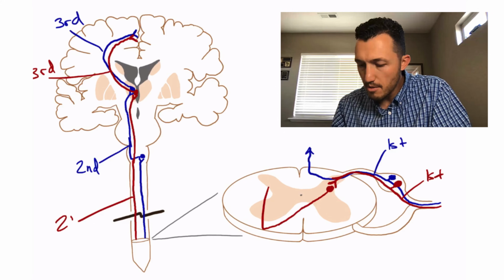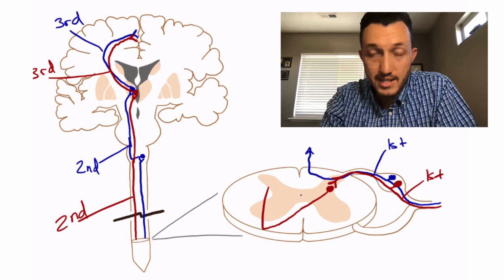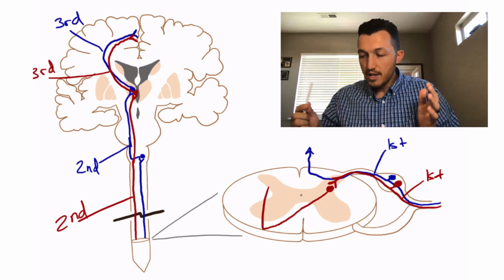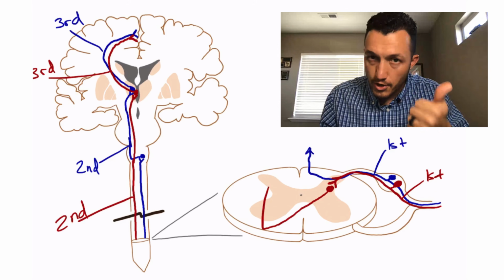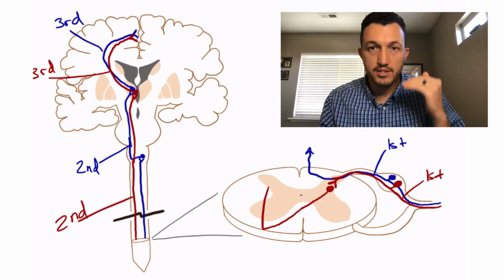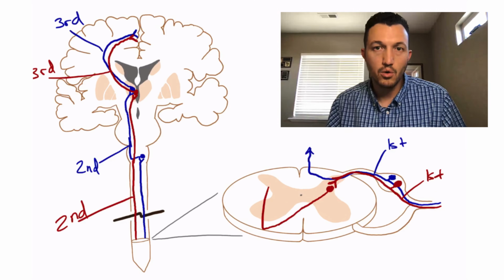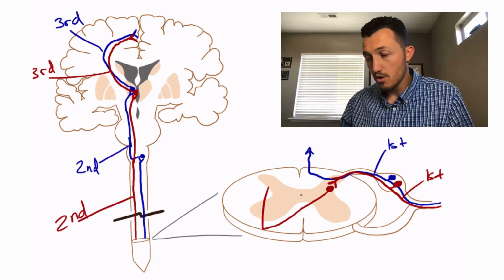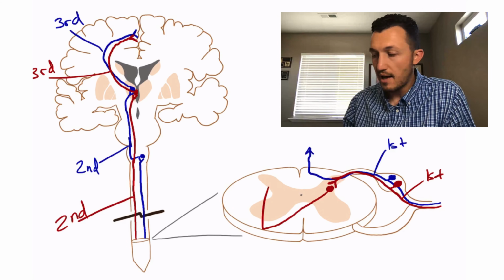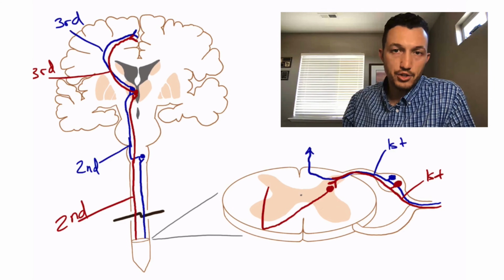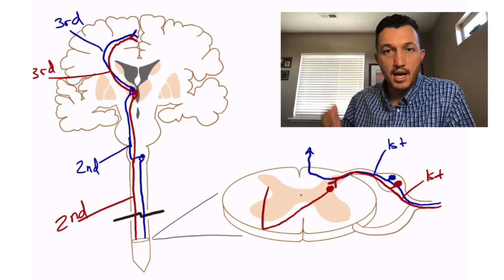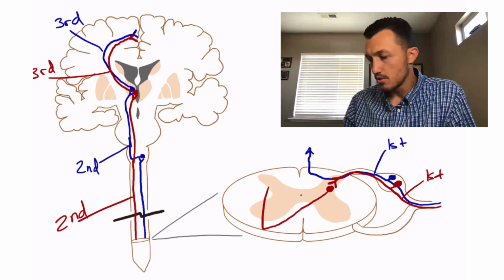So notice some of the biggest differences that you want to pay attention to here are that the third order neuron for both pathways go from thalamus to the sensory cortex. The first order neuron for both of these sensory pathways enter in through that dorsal root into the spinal cord, and cell bodies reside within the dorsal root ganglion.